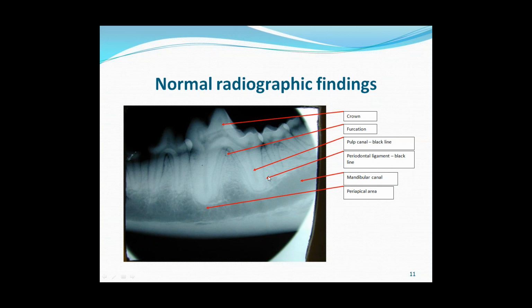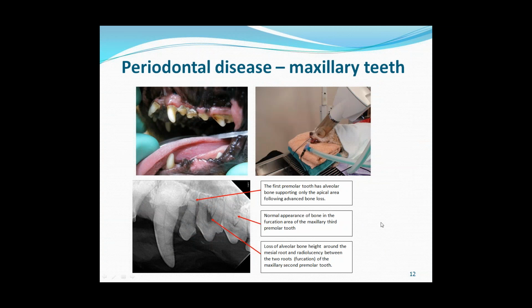It can be assumed, and it's also found in every dog and cat, that there's only one pulp canal per root, so you don't have to be worried about having two pulp canals like in people where you might have 2 or 3 pulp canals per root, and that the periodontal ligament is healthy around the root as well. So they're the normal radiographic findings that we would expect to see in an animal.